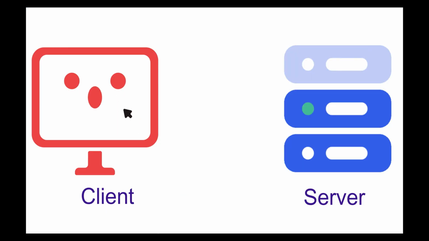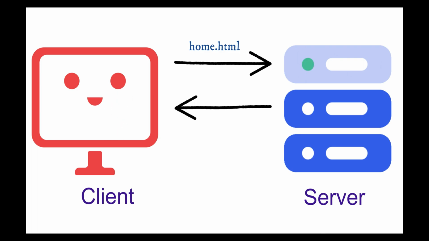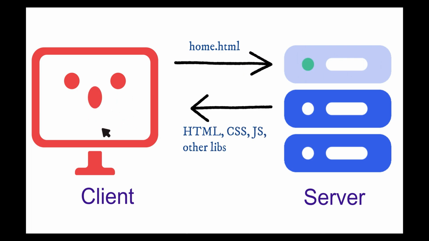The biggest flaw of this is, let me show you via an animation. So if you see here, there is a client machine and there is a server machine. So how does this whole website load? When the client requests a page to the server, it will return all the pages, HTML, CSS, JavaScript associated to it, right?